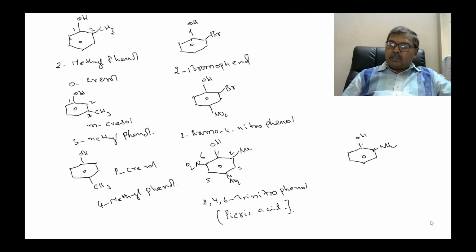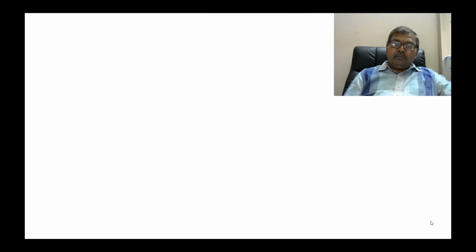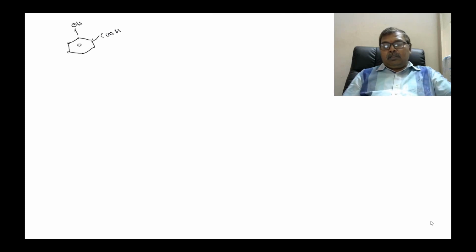Now this is first carbon, second carbon, 2-aminophenol. Now see this one. This is OH. Here COOH is there. COOH is the carboxylic acid functional group. So according to IUPAC, we should give preference to the carboxylic acid functional group. So therefore, it is a benzoic acid but not a phenol.